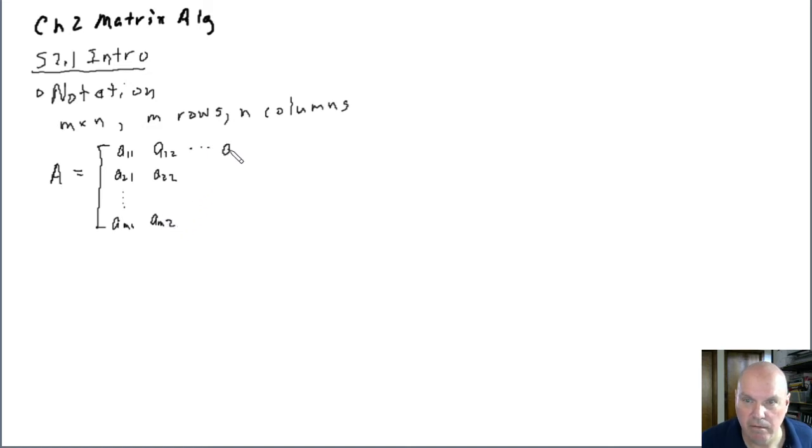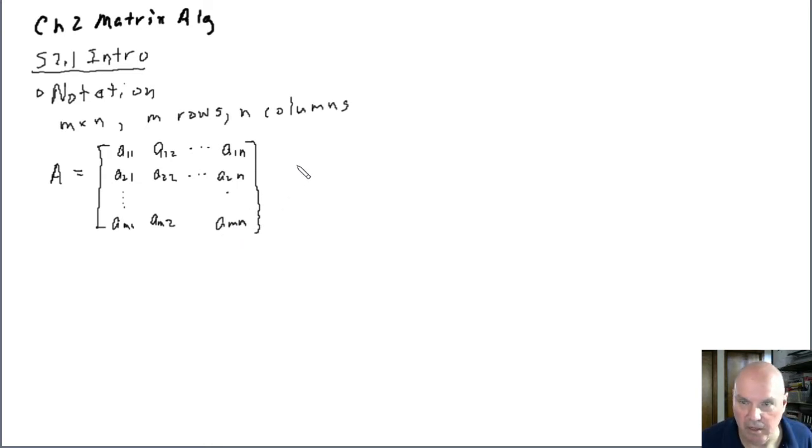And then we have first row, n; second row, n; and finally this would be the mn element, the element in row m and column n.